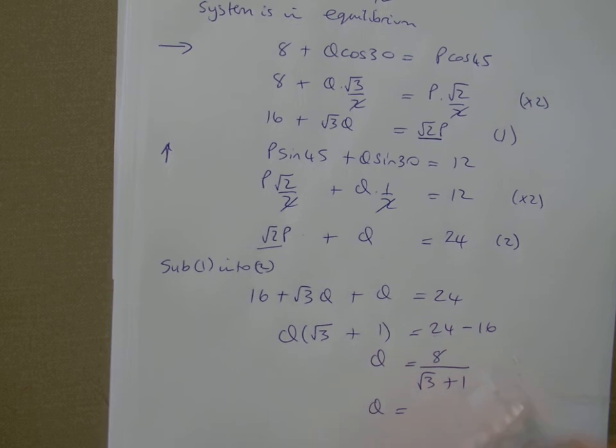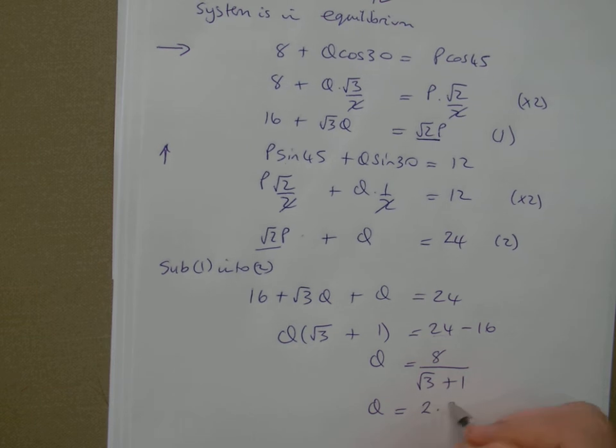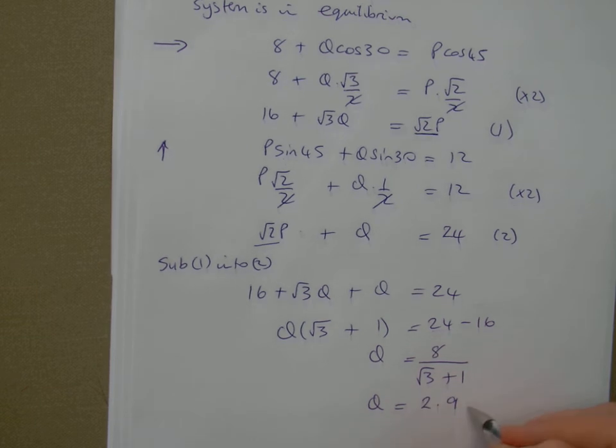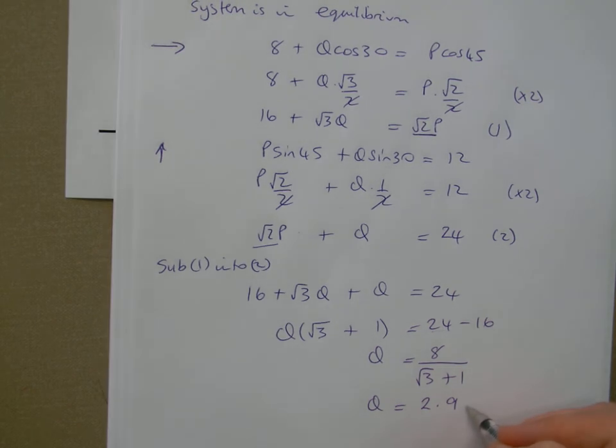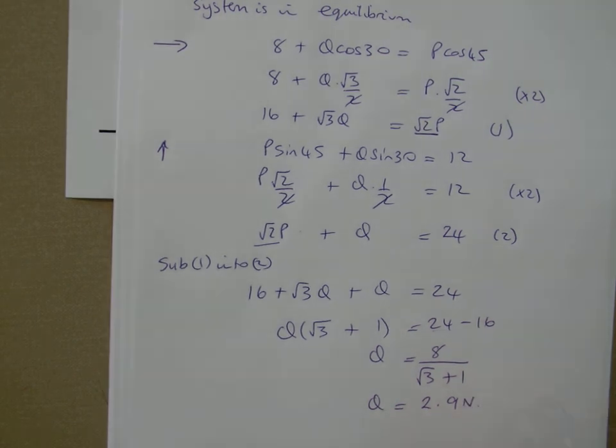So Q is 8 over root 3 plus 1, and my answer comes out to be 2.928. They wanted 1 decimal place, so it'll be 2.9 newtons.